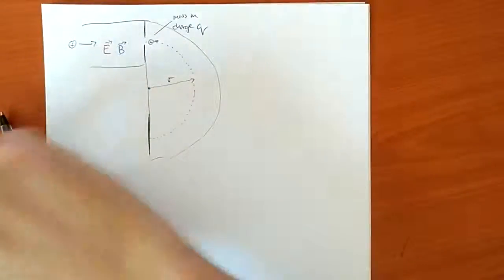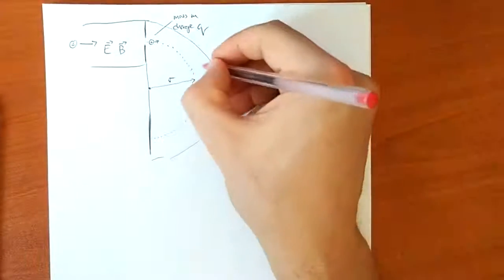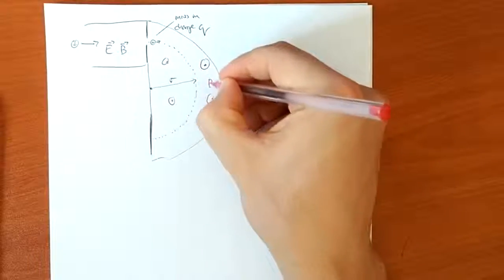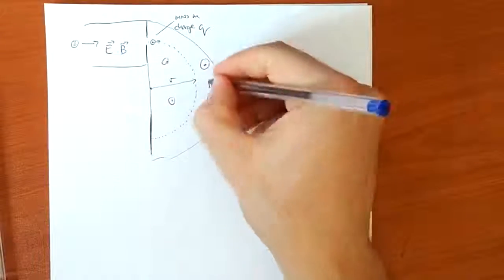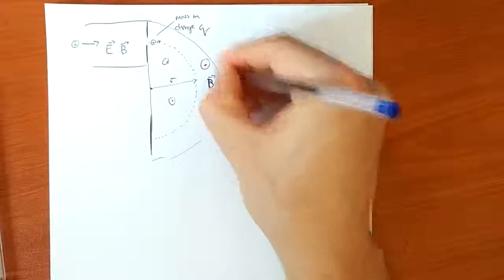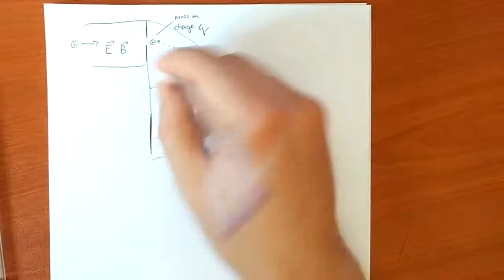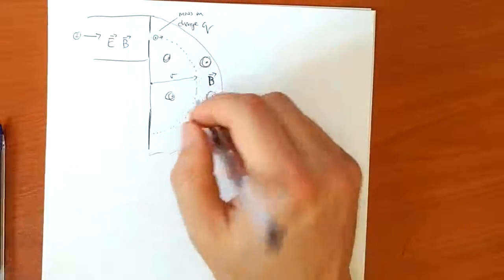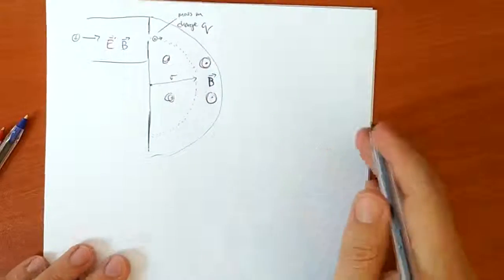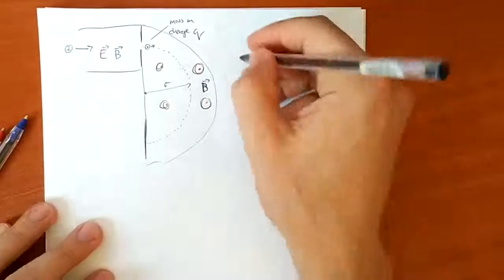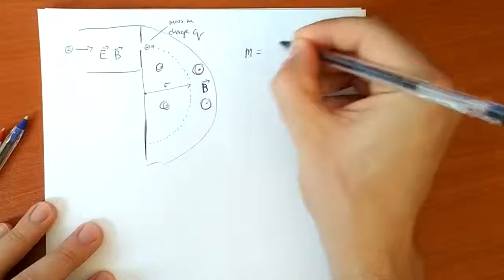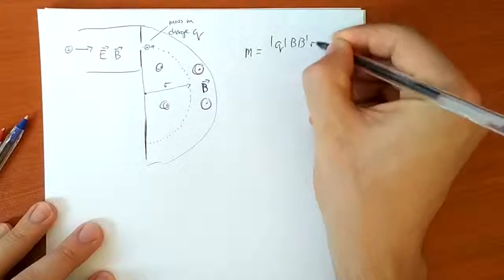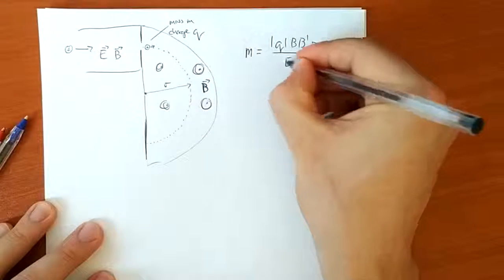It's moving in a circle because here is a second magnetic field, B prime. I use blue for magnetic, so let's use blue again. The relationship between these terms is as follows, and this is something we derived in class: the mass is the absolute value of the charge, B prime R over E.